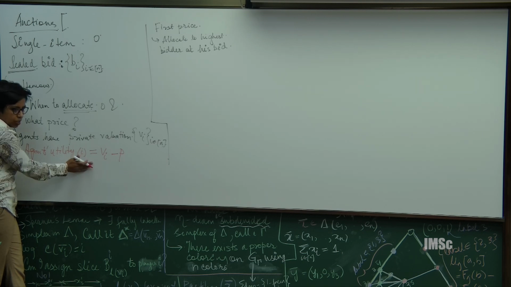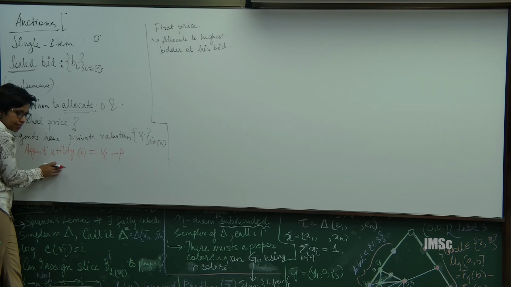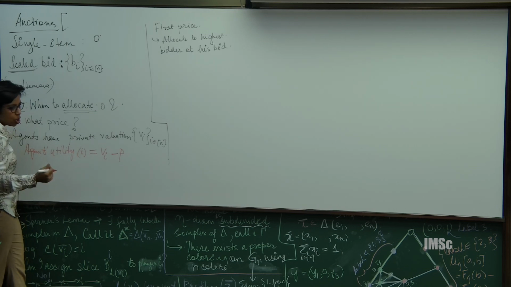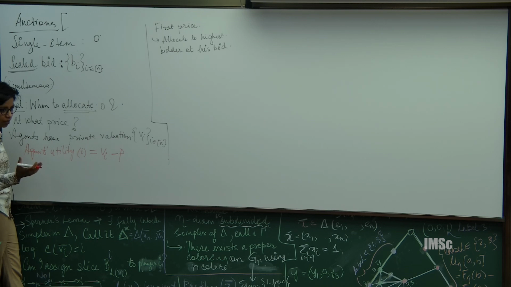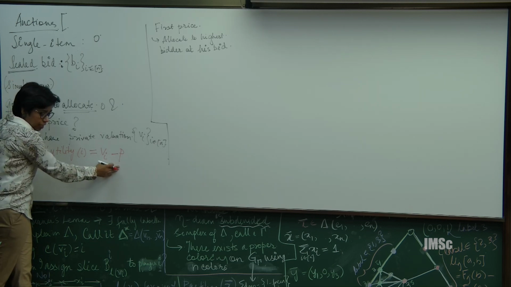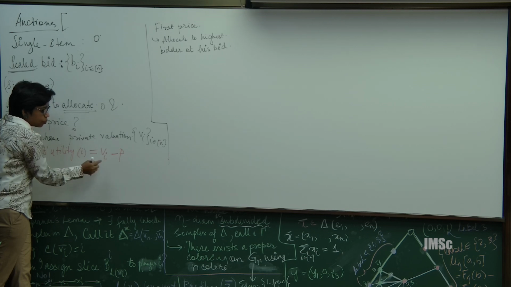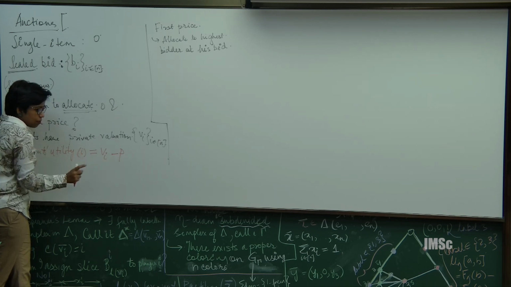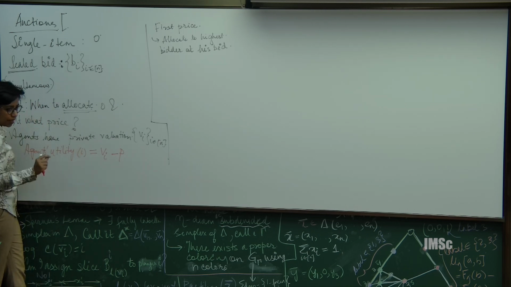This is the utility because of a standard experience or idea of how economic situations happen, that people value an item a certain way and the price they pay, the difference describes their utility. Okay. The higher this value, the higher the utility. Look, the precise values of v_i and p do not matter, what matters is their difference, that is the key thing here.